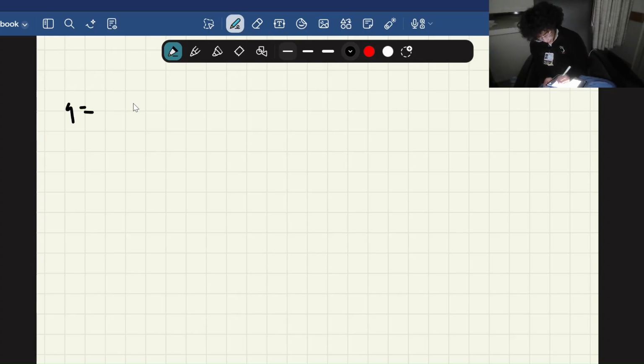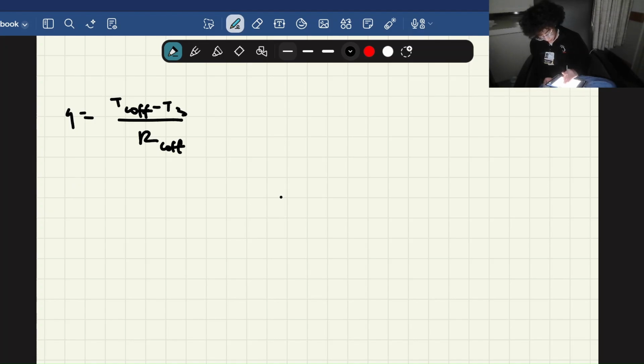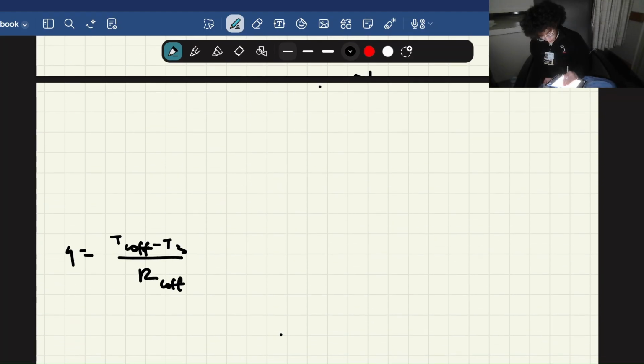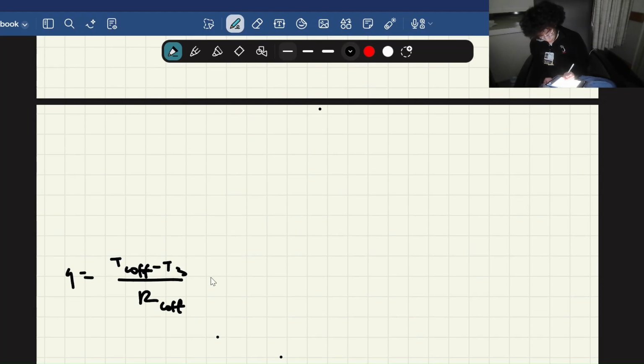Q is equal to T coffee minus T3 over R coffee. Actually, let's move it this way. We're just gonna move resistance to the other side.